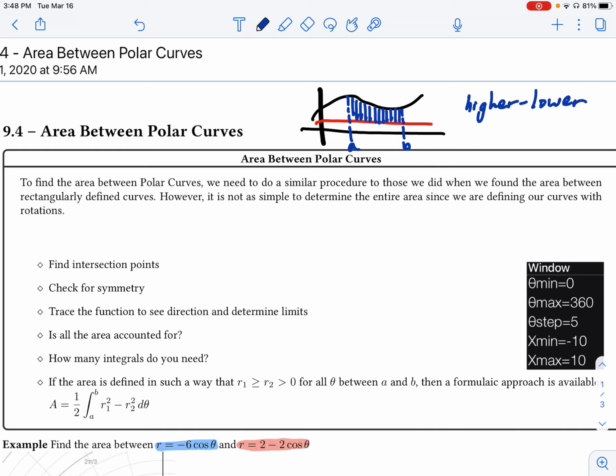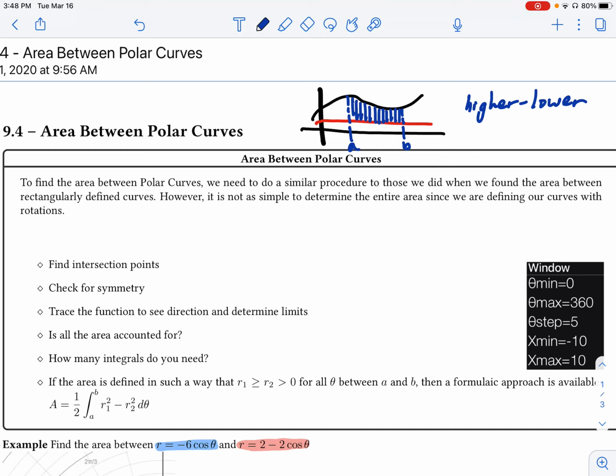These aren't necessarily meant to be linear, but just some things for us to think about, namely finding intersection points, checking to see if there might be any symmetry in these polar functions, where we might be able to leverage the fact that they are symmetric about a certain axis, for example, just to simplify the number of calculations we may want to do.